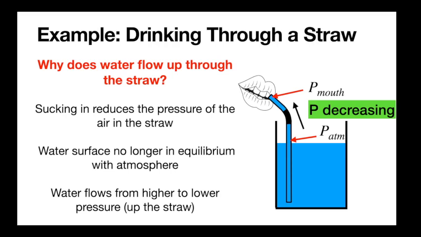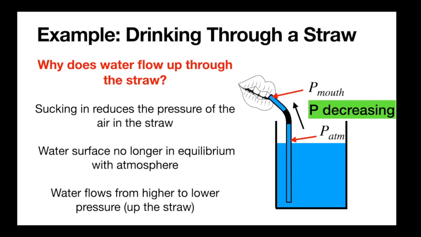And if we introduce a lower pressure, a lower energy density in the straw, at that point of contact right at the surface, where it used to be air until we suck on it, before we suck on the straw, the pressures are equal, right? That's why the water level's not moving. If you're pushing on each other equally as hard, the water level's constant.